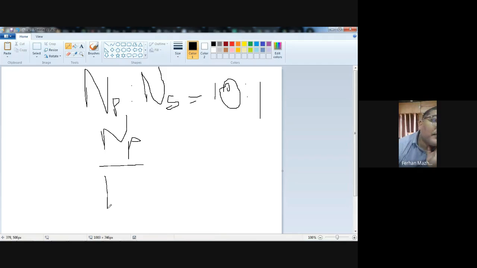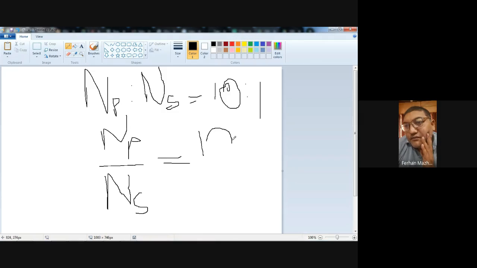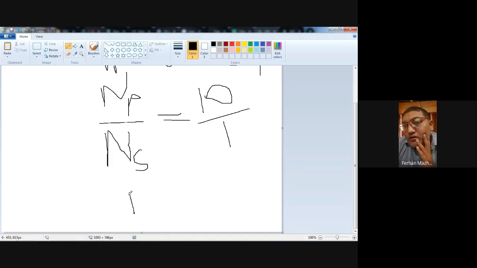So that will be NP divided by NS, which should be 10/1. If I make NP alone, it will become 10 NS.